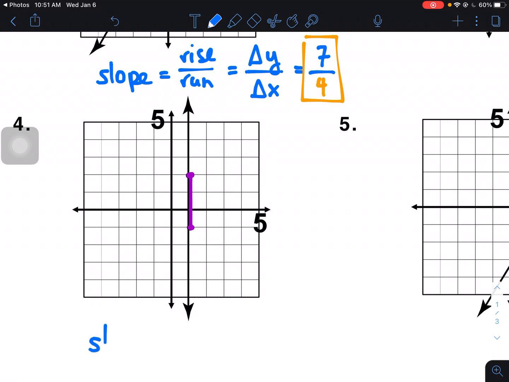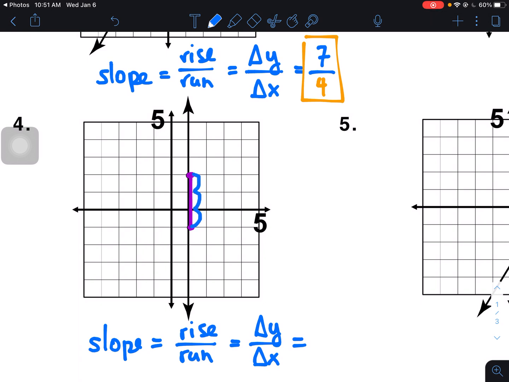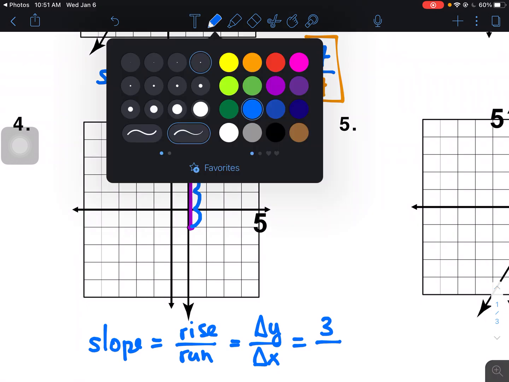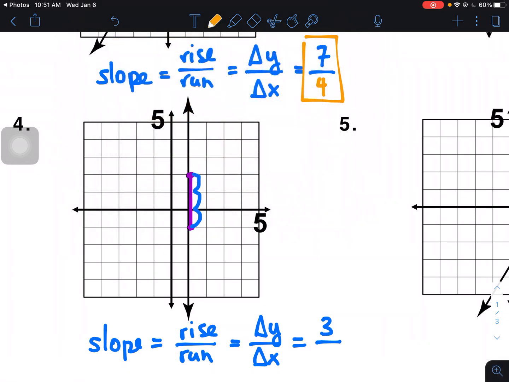So if I did my slope, my rise over my run, my change in y over my change in x. My y went up 1, 2, 3 points. But my run, I didn't change anything in this direction. So I'm going to put 0.